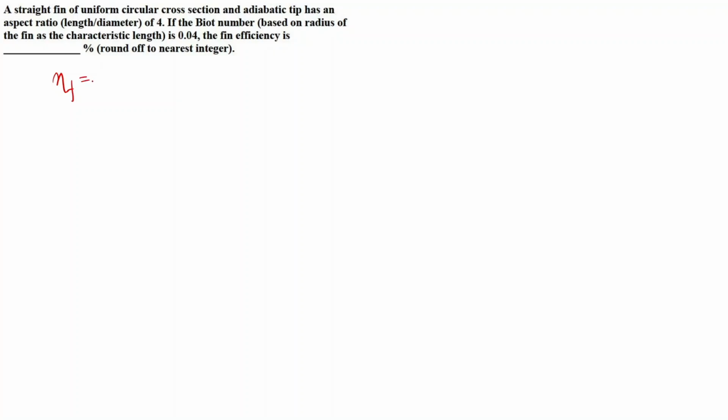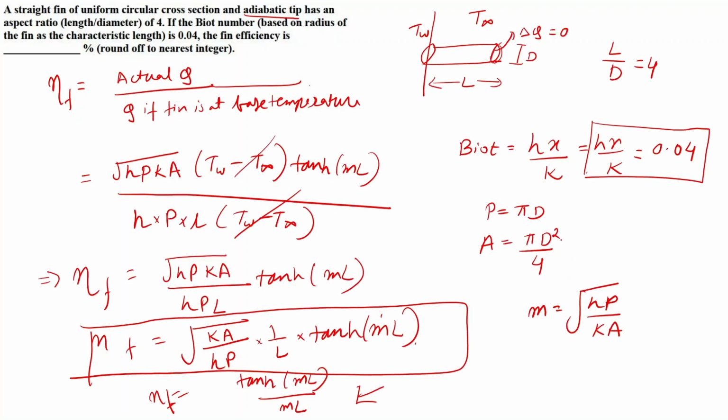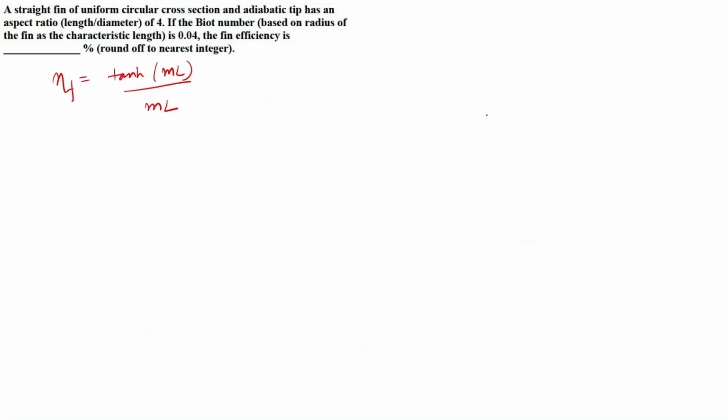So what information do we have? The fin efficiency is given as tanh ml upon ml, and the other thing we have is HR upon K is 0.04.